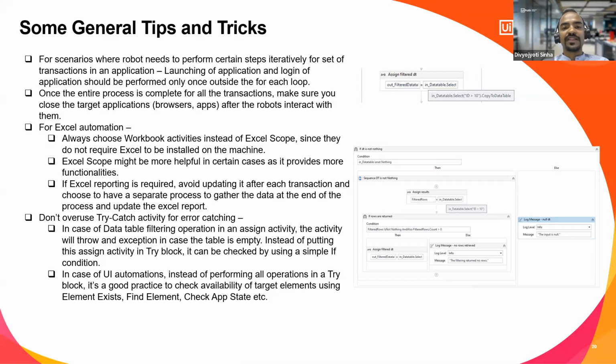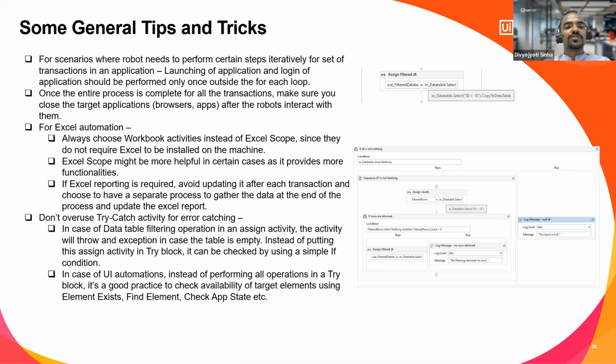So that means your login or launching of the application should happen outside the for each loop that you are building for that automation workflow, right? You should not log in or launch an application multiple times, because that will make your code more inefficient, and your chances of failure will increase if you launch an application multiple times and perform operations inside it.